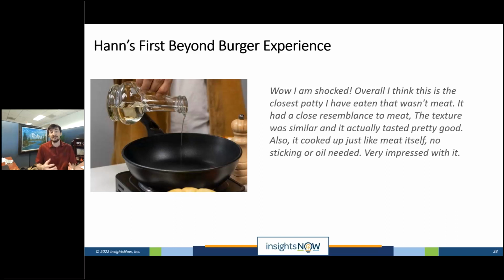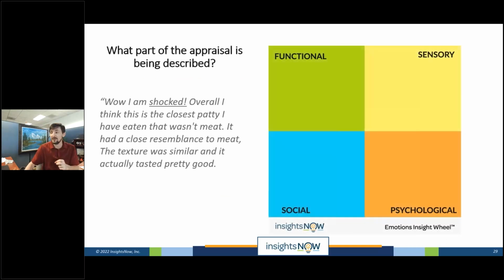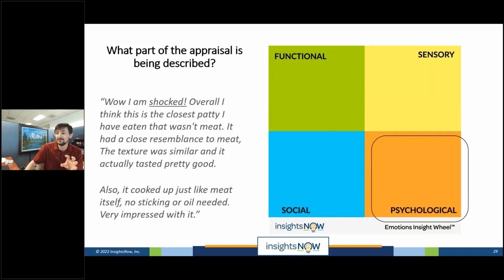So interestingly enough, now we can focus in on shock, right? That's a psychological surprise emotion, but I'm actually going to focus in on a different particular space. I want to focus in on the functional space, which is it cooked up just like meat. No sticking or oil needed. I was very impressed with it.